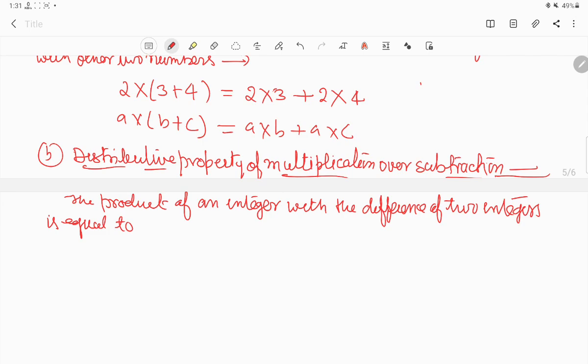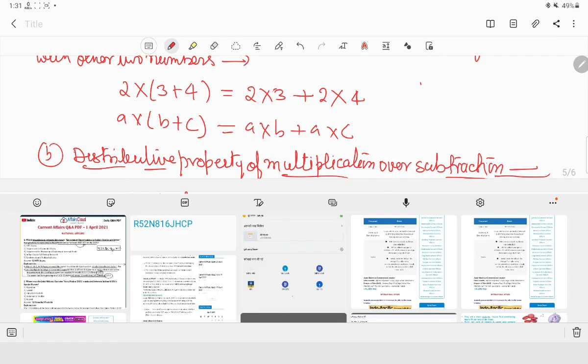Here the product of an integer with the difference of two integers is equal to the product of the first number with the first, minus the product of the first number with the other.